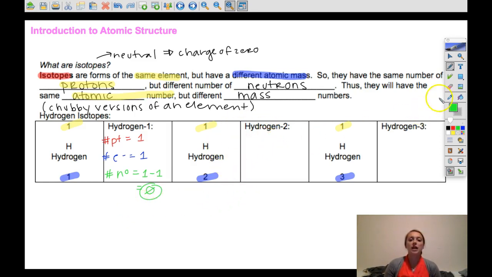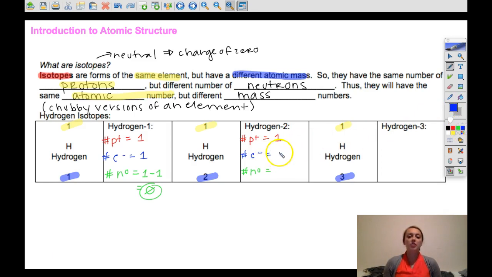But let's move on to hydrogen 2. So we're going to follow the same procedure to find the number of positive protons, the number of negative electrons, and then the number of neutral neutrons. Because the atomic number is the same, that means we still have 1 proton. So if an atom has 1 proton, then by definition, it's an atom of hydrogen.